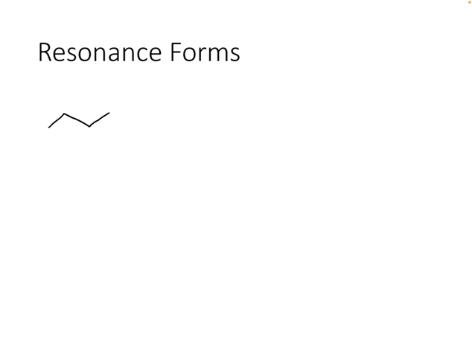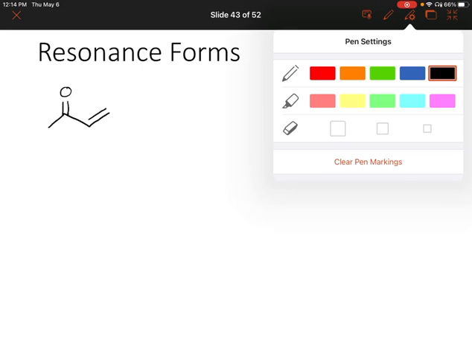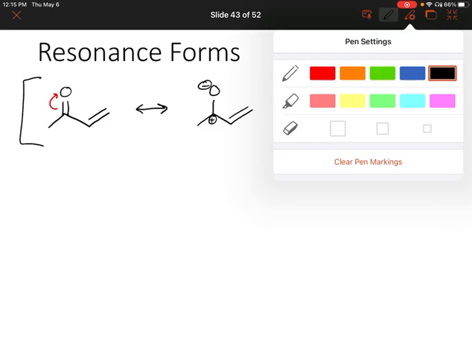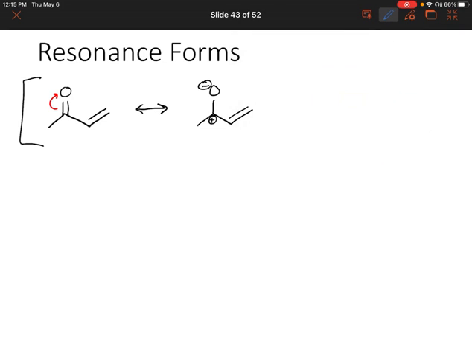All right, so let's start with that alpha-beta unsaturated ketone, and we're going to move pi electrons up to oxygen. Our first resonance structure shows that we have a negatively charged oxygen and a positively charged carbon at position 2.